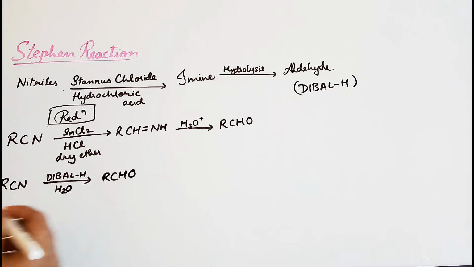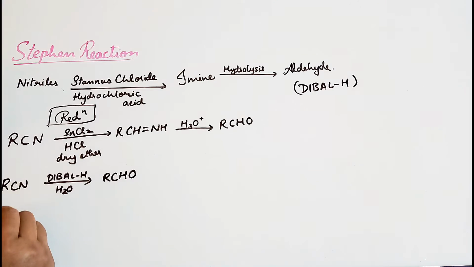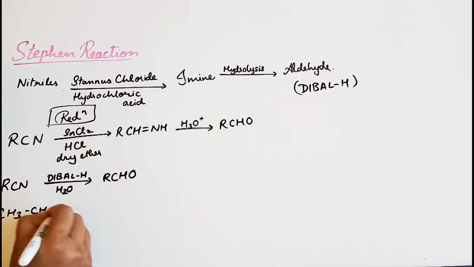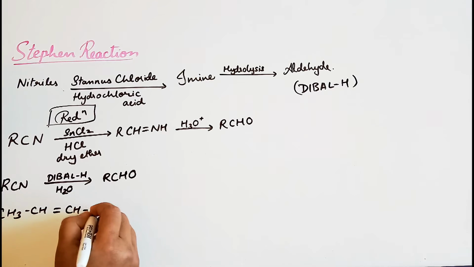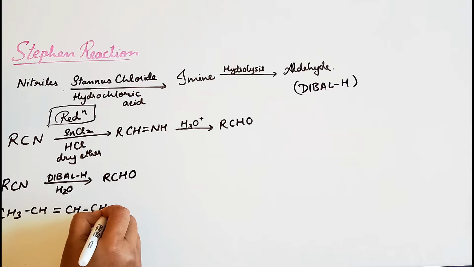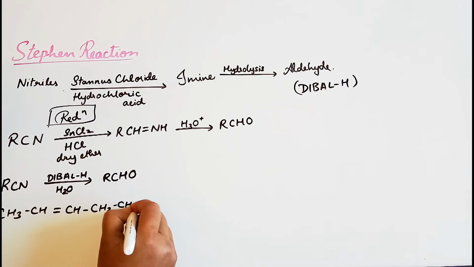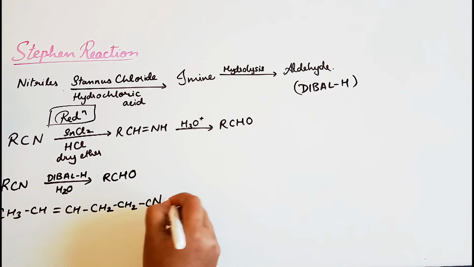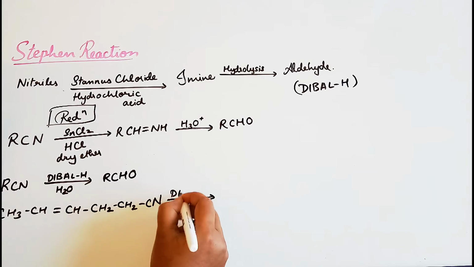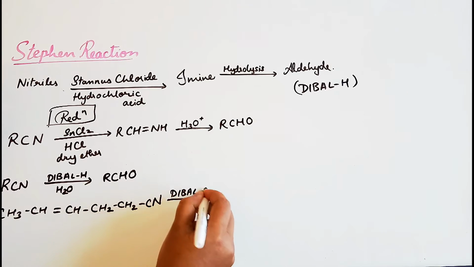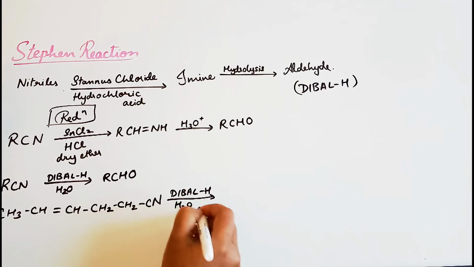Let me write an example for this reaction. CH3CH=CHCH2CH2CN is going to undergo reduction in the presence of DIBAL-H and hydrolysis.